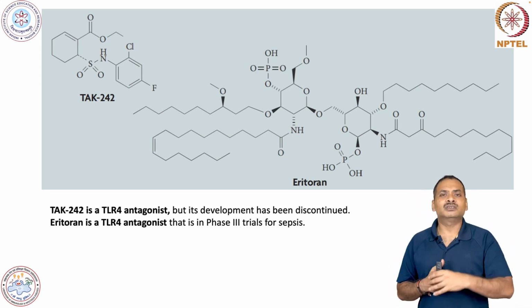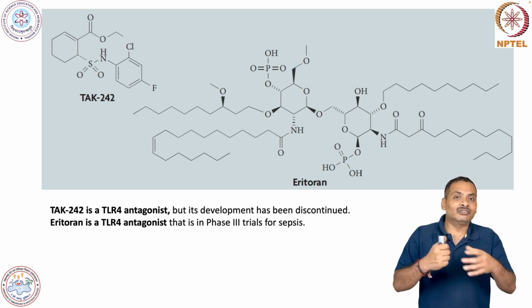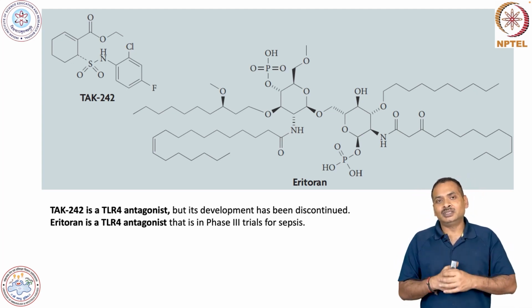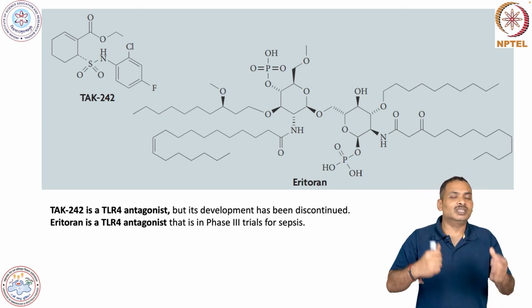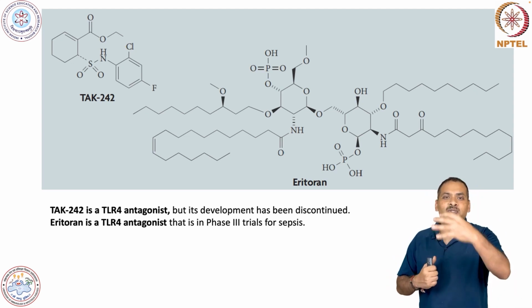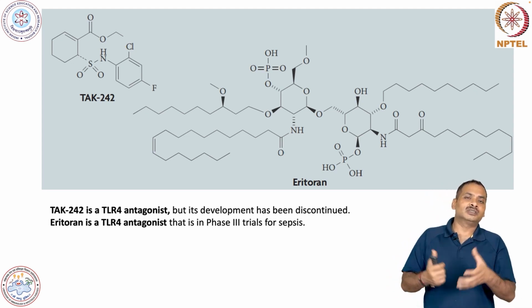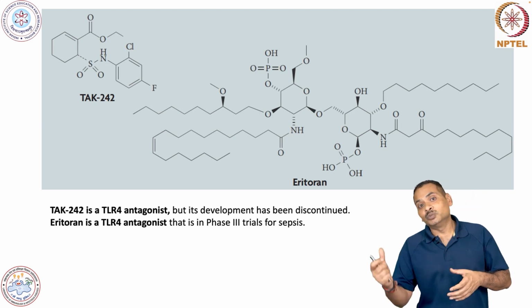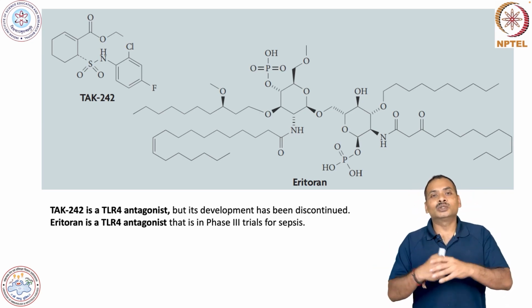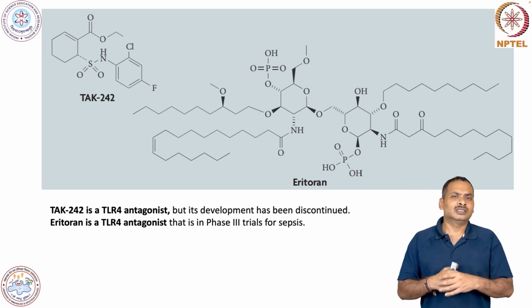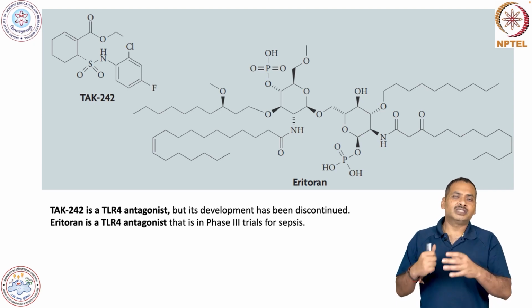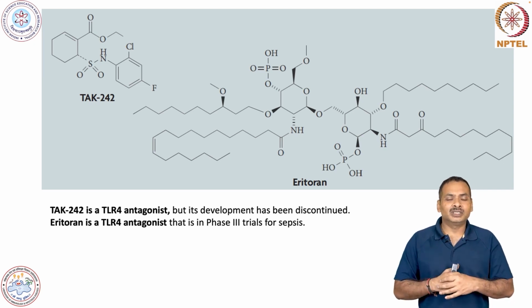Okay, it will bind, but it will not activate the signaling. So in that way we can treat the sepsis condition. This is one way. Another way is that whatever LPS is there, you can sequester by some molecule, and then you can remove it, and in that way you can treat sepsis, LPS mediated or gram negative bacteria mediated sepsis.